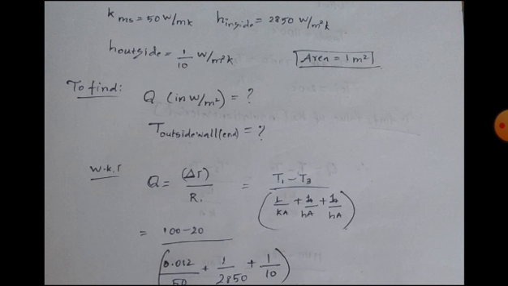First, from the water to the wall, heat is transferring through the convection mode, then through the wall through conduction mode, then from the wall to the outside atmosphere through convection. So here there are two convection processes and one conduction process, and the resistances for the three processes are written below.